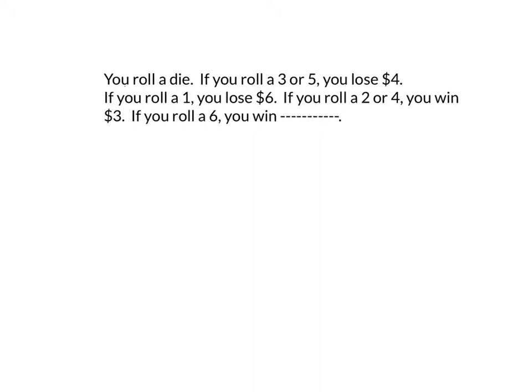So let's look at the definition of expected value from your textbook. And by looking at the definition, it will also give us a good idea of how we're going to find it.